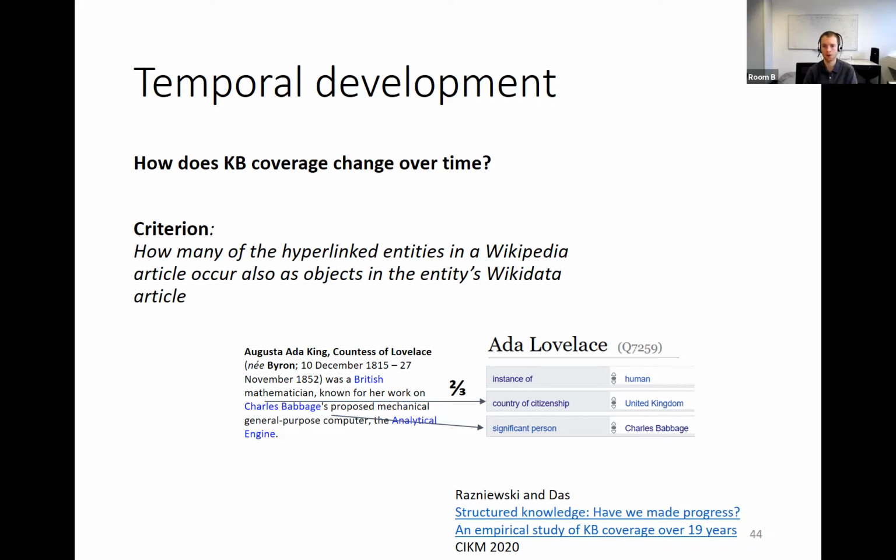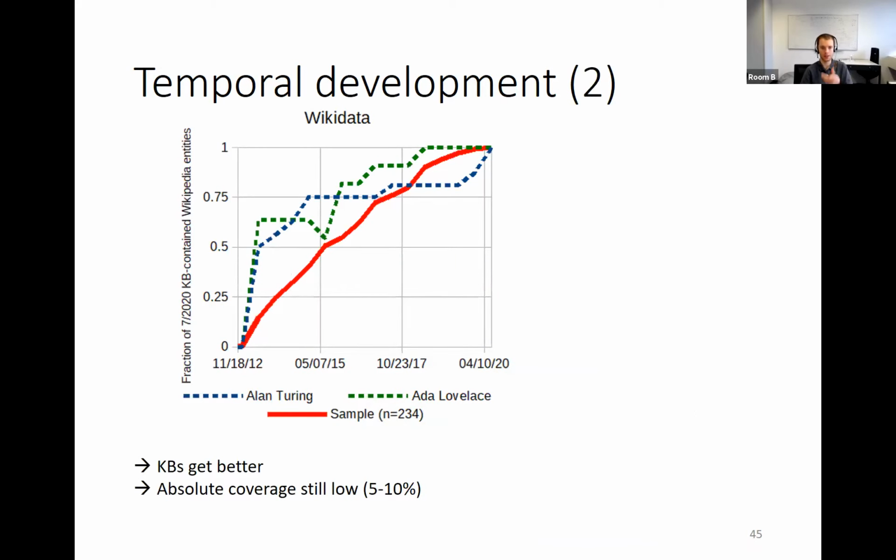And once we have this method to describe coverage, we can look at the temporal development. This is a plot of how the temporal coverage of Wikidata has changed over time since 2012 for 2 sample entities, Turing and Ada Lovelace, and for a larger sample of 234 entities. So how many of the hyperlinked entities from today at each time point are present in the Wikidata entity page?